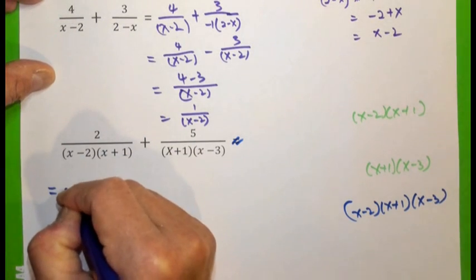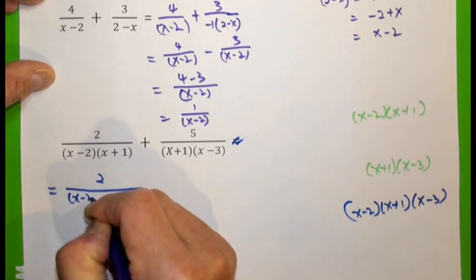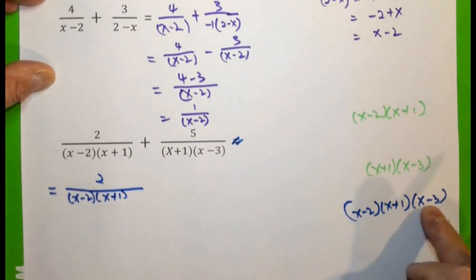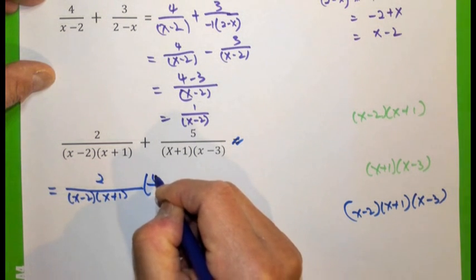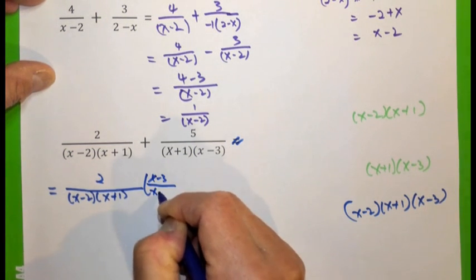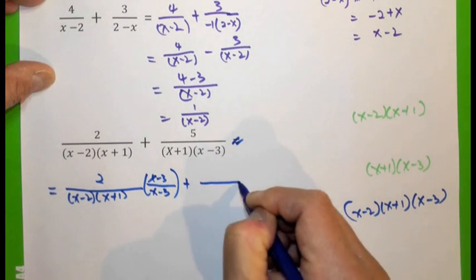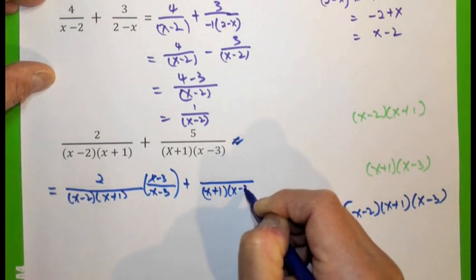This will give us 2 over x minus 2, x plus 1. We are missing an x minus 3, okay? x minus 3 on top and bottom, plus 5 over x plus 1, x minus 3 here.